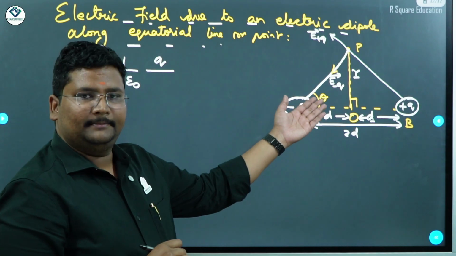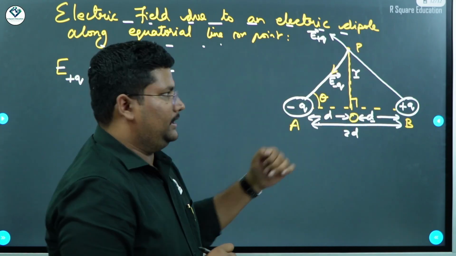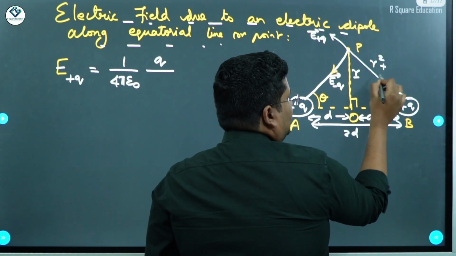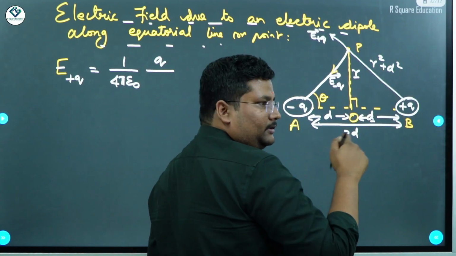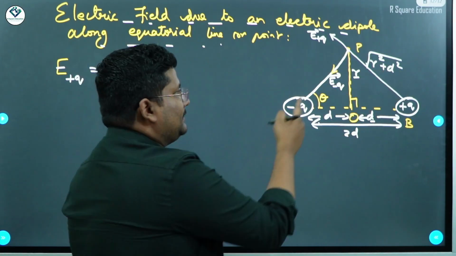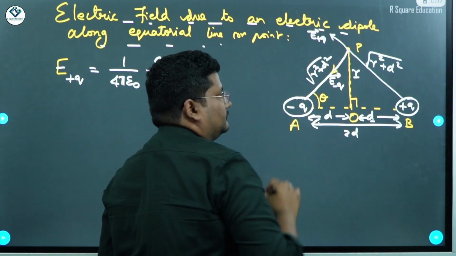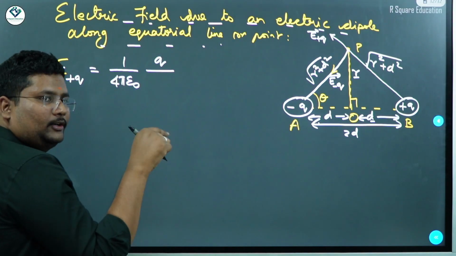So by Pythagoras theorem, hypotenuse square is adjacent square plus opposite square. So I can take r square plus d square as the hypotenuse square, but I require the hypotenuse, so I take the root. The same here, root of r square plus d square. So what is the distance squared between these two? Root of r square plus d square, whole square.